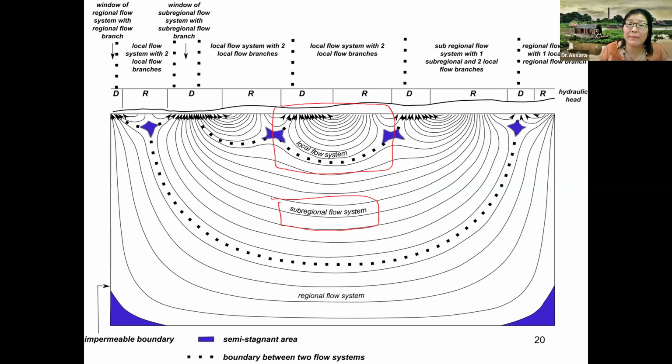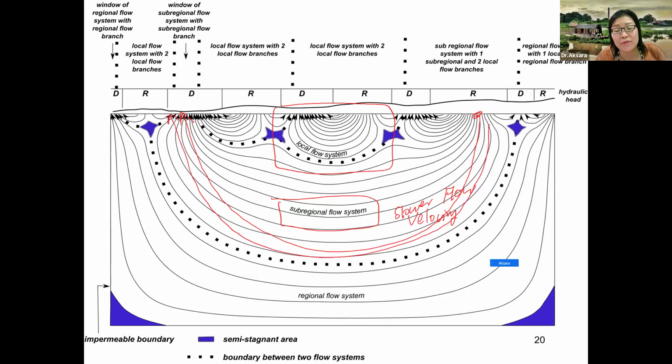The sub-regional is bigger than a local flow system, but it has a slower flow velocity and a longer flow path, just like I'm drawing now. It covers a larger area, but it's not that large yet compared to the third type of flow region in this picture.